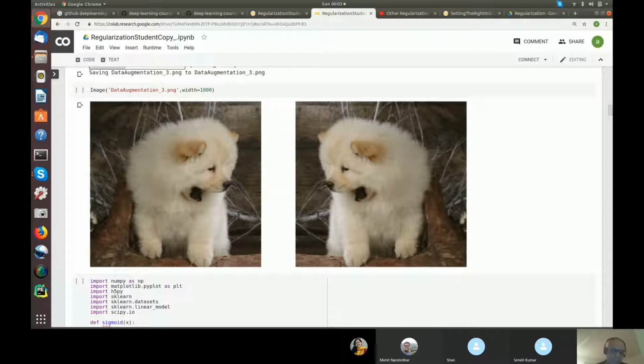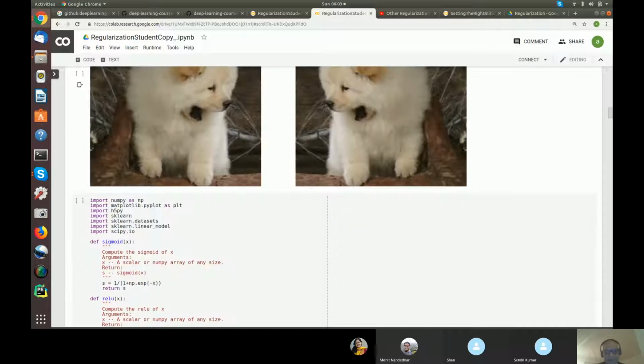There are multiple ways where you can generate synthetic data in order to make your model behave better and not overfit. These are the 3 key methods.